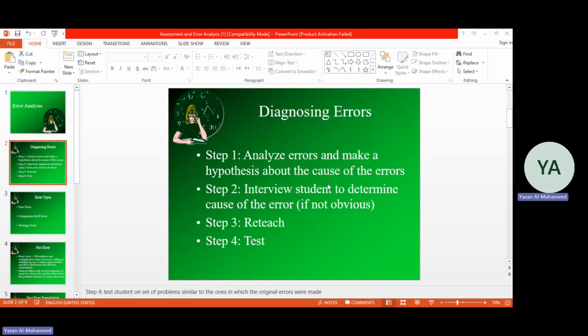So according to Corder, errors are not a product of imperfect learning or acquisition of the language or faulty imitation as shown by behaviorism. Rather, errors are an indication of the learner's attempt to develop his or her L2 competence.